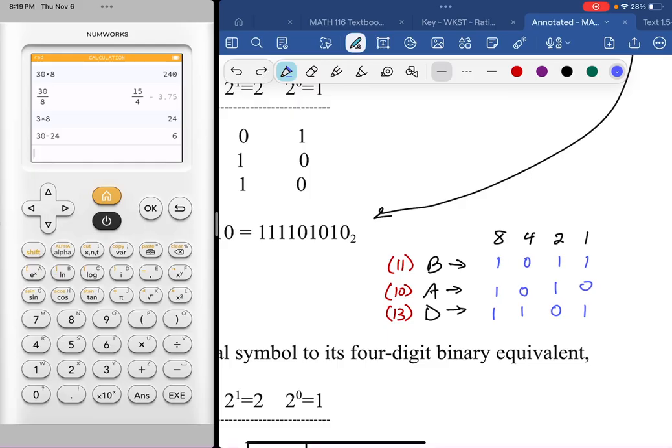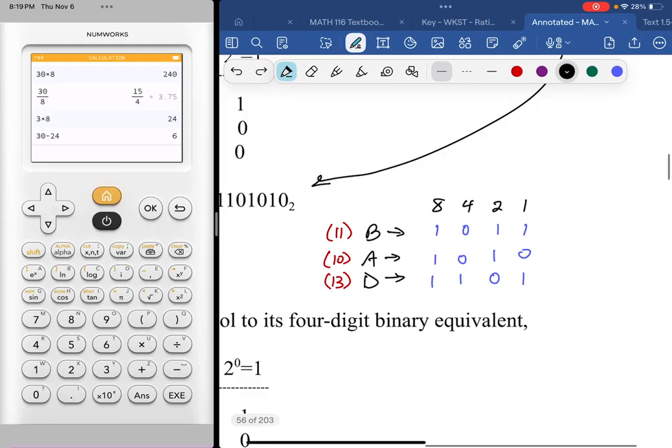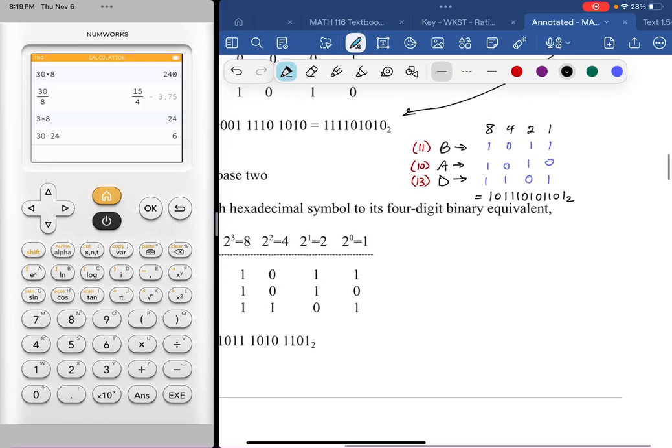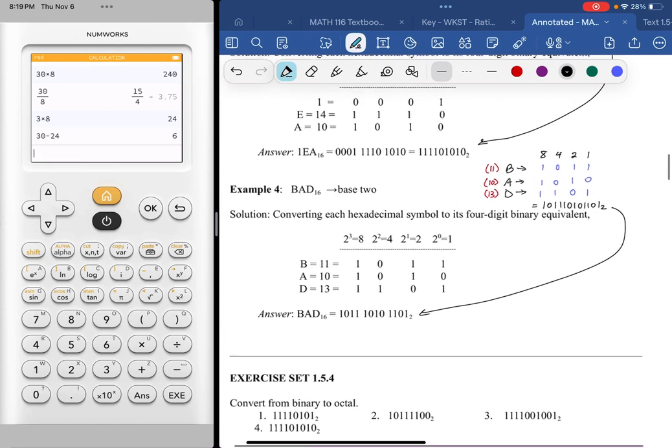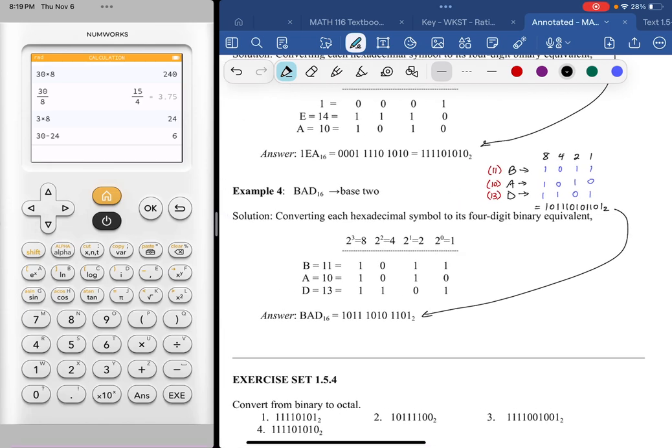I don't strike anything out. All right. So my binary number here would be 1, 0, 1, 1, 1, 0, 1, 0, 1, 1, 0, 1, again, base 2. All right, and so now you should be good to tackle 154.